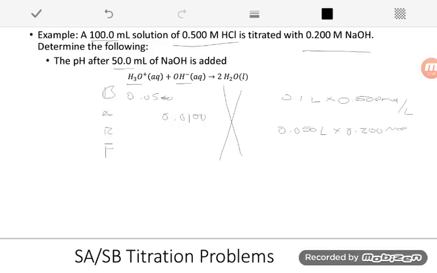Now I do what I always do in a BARF table after I figure out what I began with and what I added. I pick the smaller number, which in this case is 0.0100, and subtract that from both of these. That will use up all of the hydroxide and leave me with 0.0400 here.